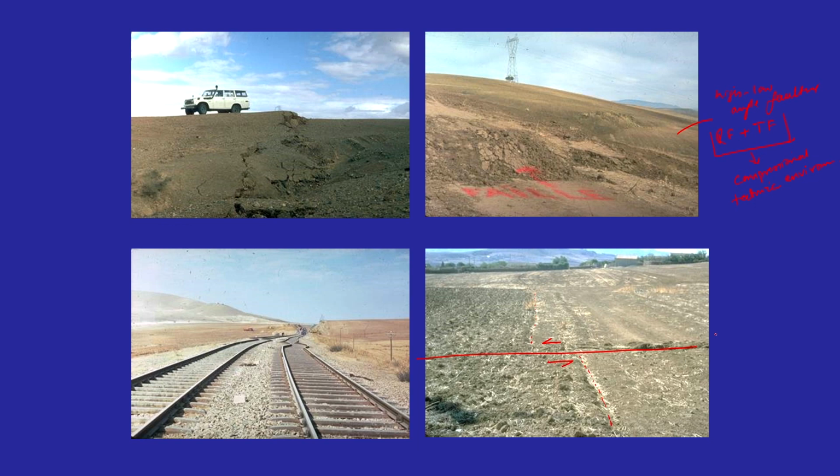So this is typical of what we can say as left lateral. And here also, if you see, you have this deflection of the rail track, where this portion has moved this side and this portion has moved that. So left lateral strike slip was observed in different segments.